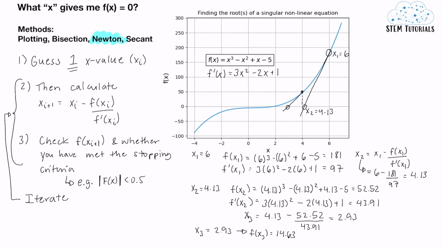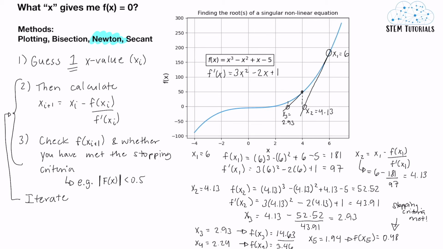This is where we have our x3 equals 2.93, and our function value here equals 14.63. But still, if we consider our stopping criteria, this is nowhere near 0. So we'll have to continue iterating through this process.